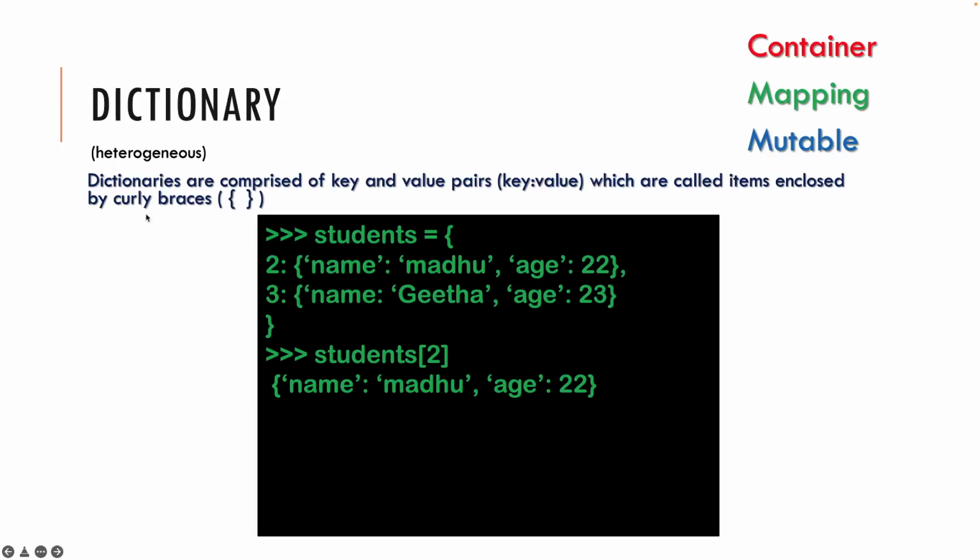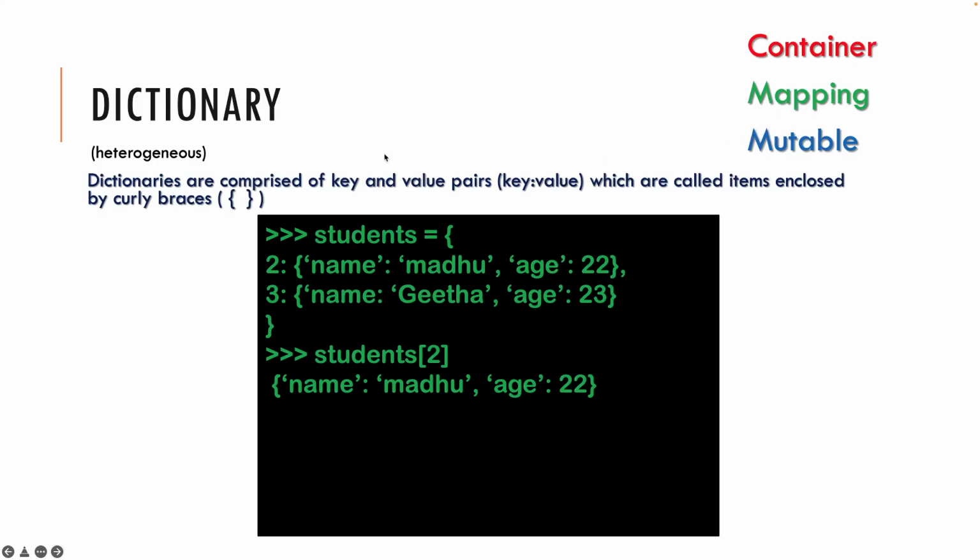So as we have seen, dictionaries are heterogeneous data types, and these are mapping data types. These can be categorized as a container, mapping, and mutable.